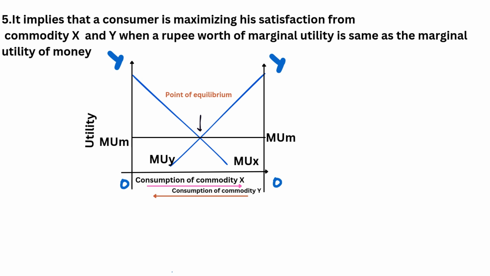Just remember that from left to right, it is showing consumption of commodity X, and from right to left, it is showing consumption of commodity Y. So this is how the consumer's equilibrium in the two commodity case is explained.